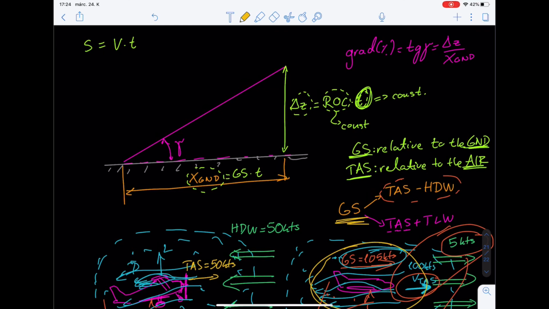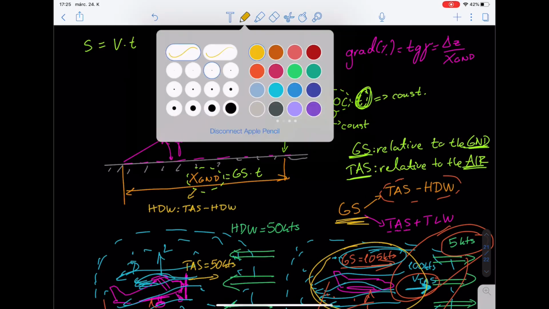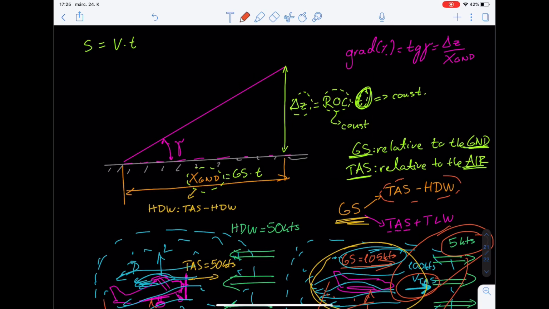Because if you have a headwind, it is basically going to mean that the ground speed is going to be the true airspeed minus the headwind. So therefore, this ground speed, if you have a headwind, is going to reduce, right?